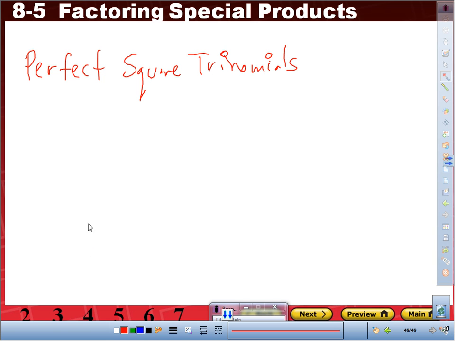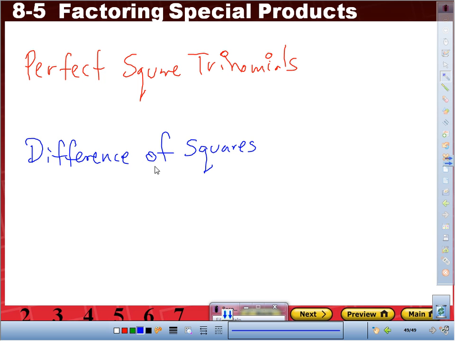The second thing we're going to be looking at is, you can leave a space and write this down, difference of squares. So how many different things are we looking at? 2, perfect square trinomials and difference of squares. And I'm going to show you the difference from one to the other coming up next.